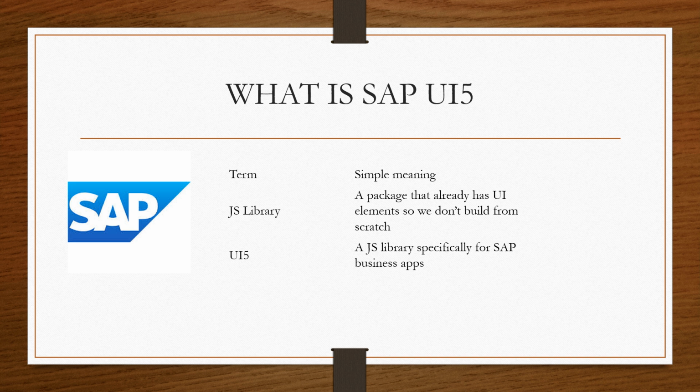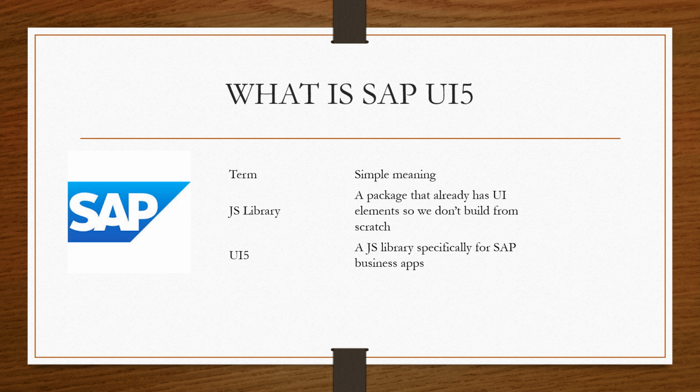So for that we don't need to write every single thing, just like we write in React. Here some UI elements have already been developed and made easily available for a developer to use. UI5 is a JavaScript library specific for SAP business apps.